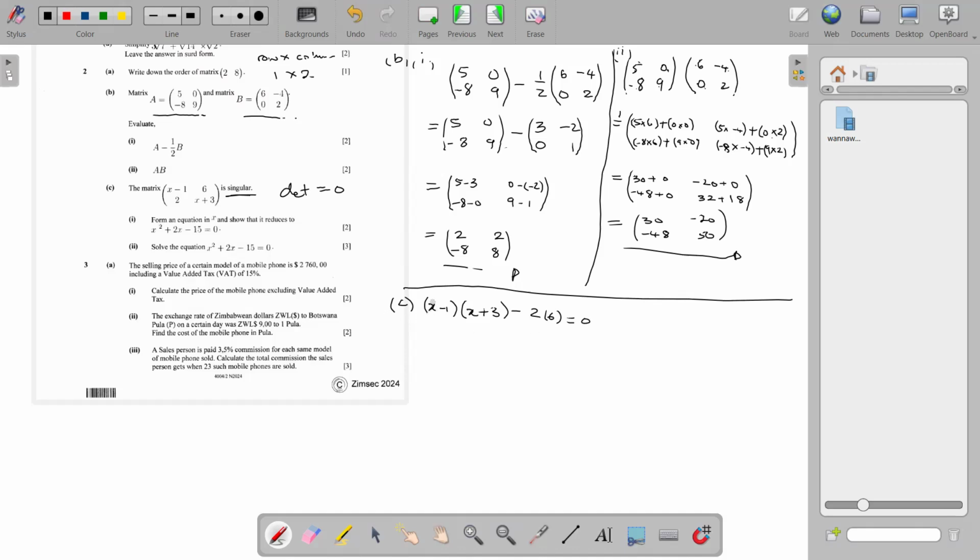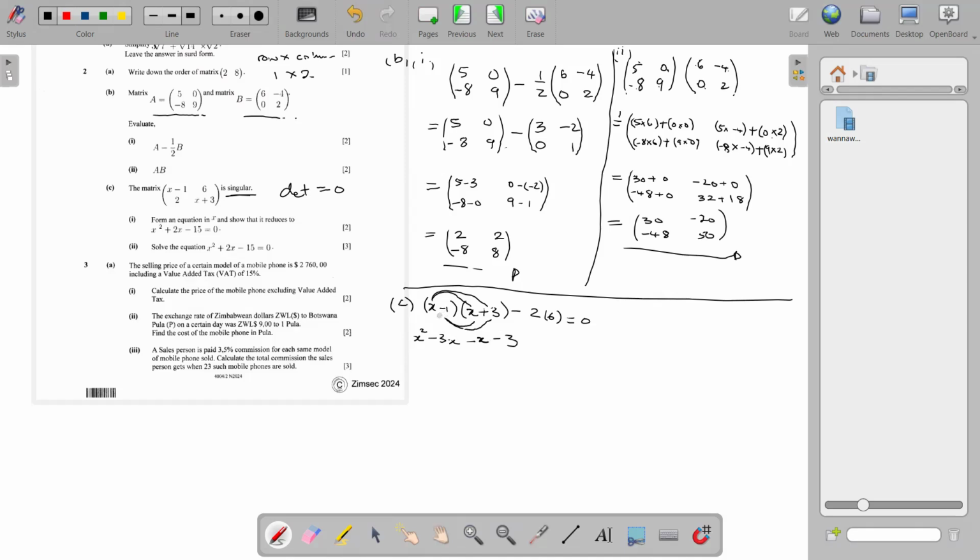So when you expand this times this, it's going to be x squared. This times this, minus 3x. This times this, minus x. Then this times this is going to be minus 3.